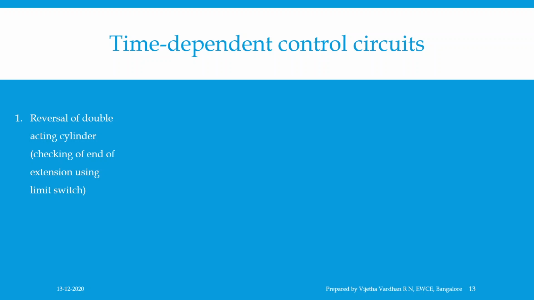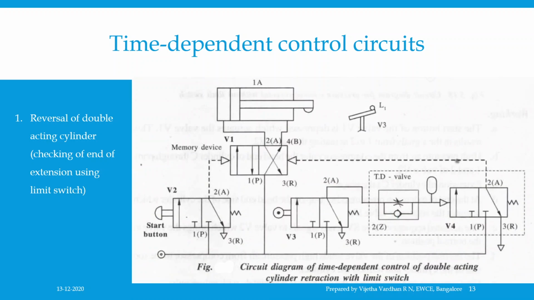Time delay valves can be used for controlling the double acting cylinder using a limit switch that checks for the extension of the cylinder.